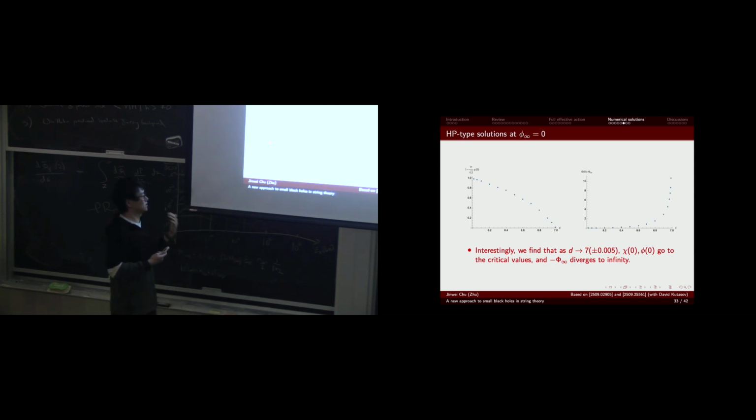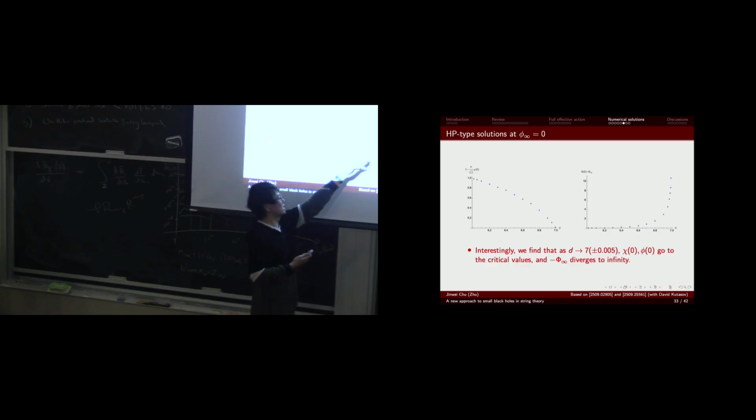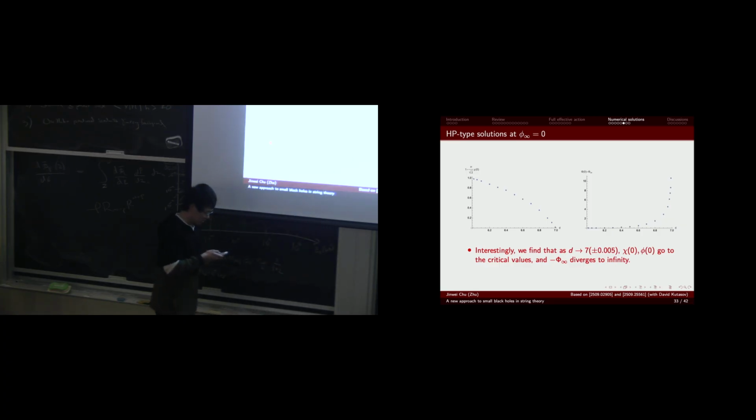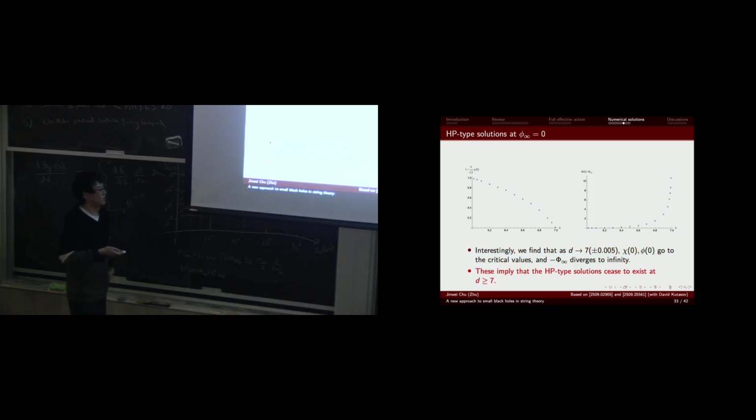That's precisely the previous critical value, or in your language, the boundary of the hyperbolic is something like that. And in the meantime, the dilaton diverges to infinity. So what does it mean? It means that this kind of Horowitz-Polchinski type solution ceases to exist at this critical dimension d equal to 7.